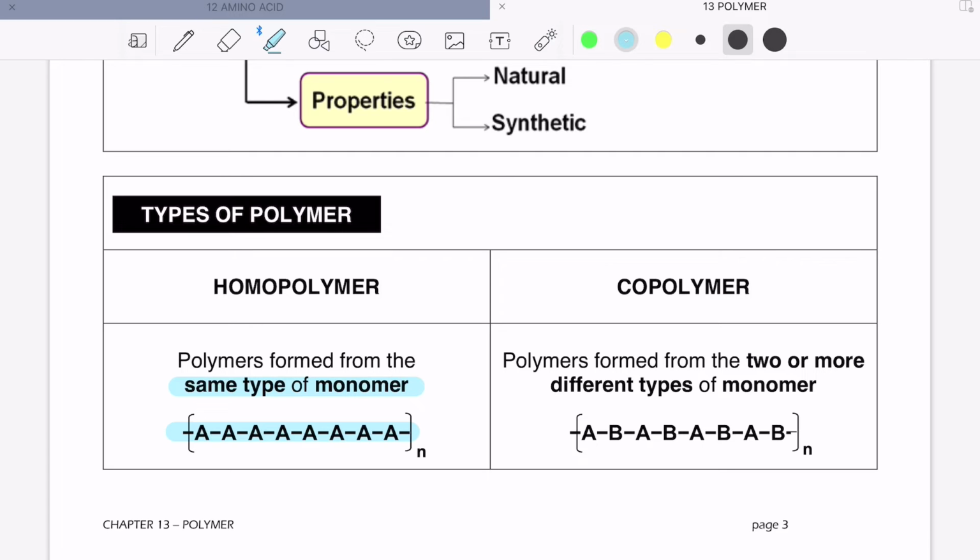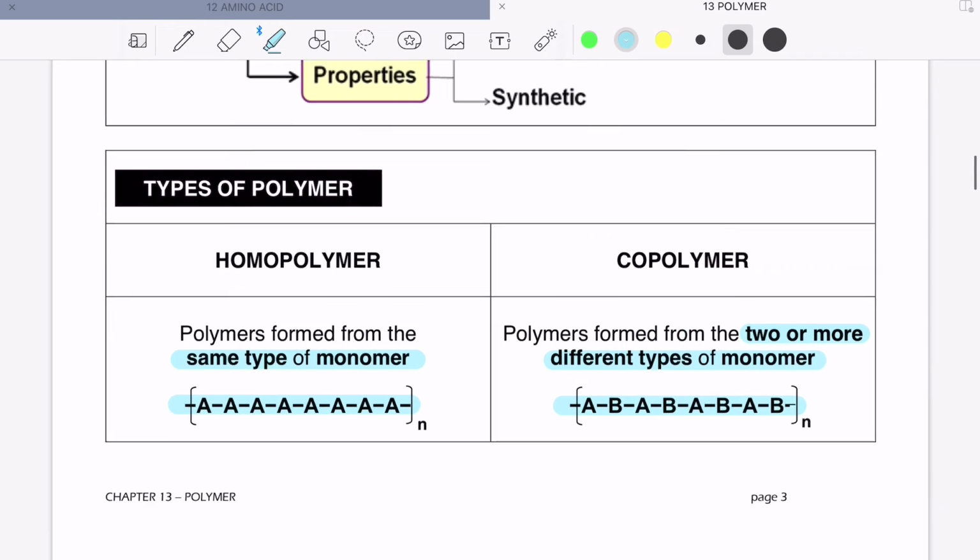But copolymer is a polymer formed from two or more different types of monomer. So as you can see here, we have A, that is the first monomer, and we have B as the second monomer. So in this example, we have two types of monomers. So it can be AB, AB, AB, AB. So this is copolymer.